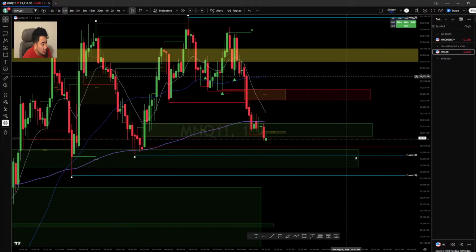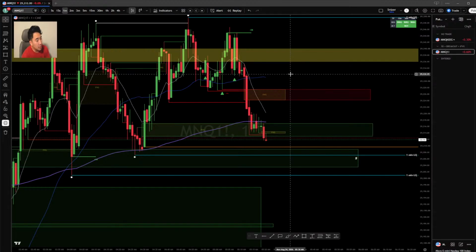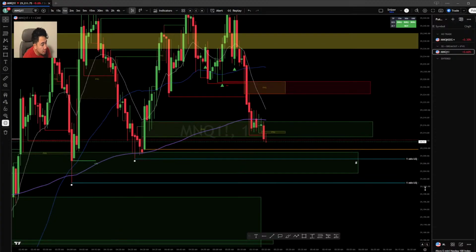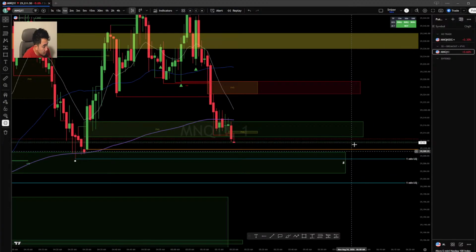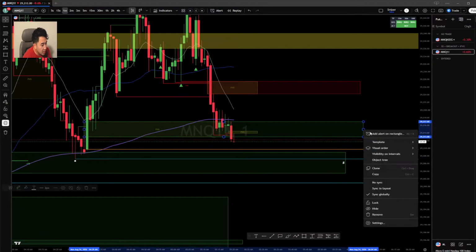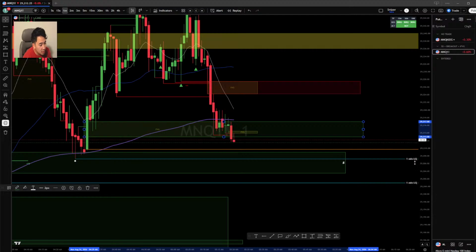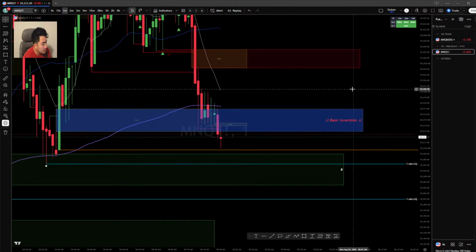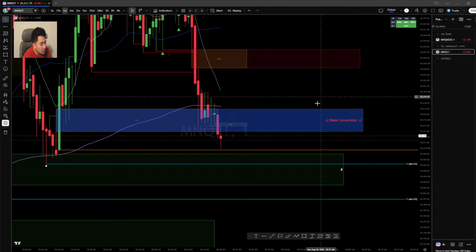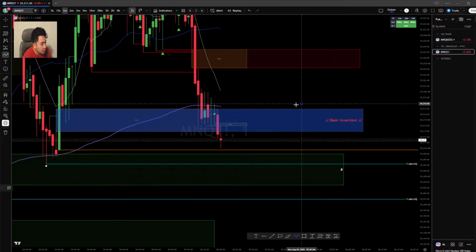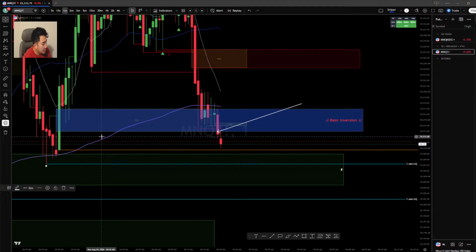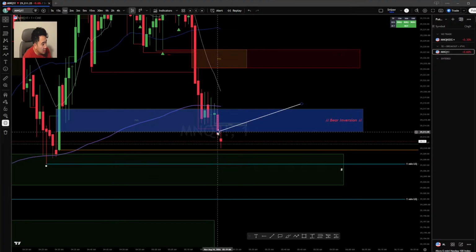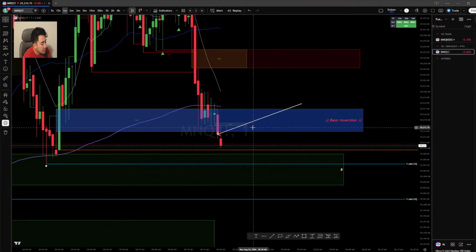Let's get back to work. This right here becomes a bearish inversion, after this red candle body closed outside of this bullish gap right here. The candle body closed down here.